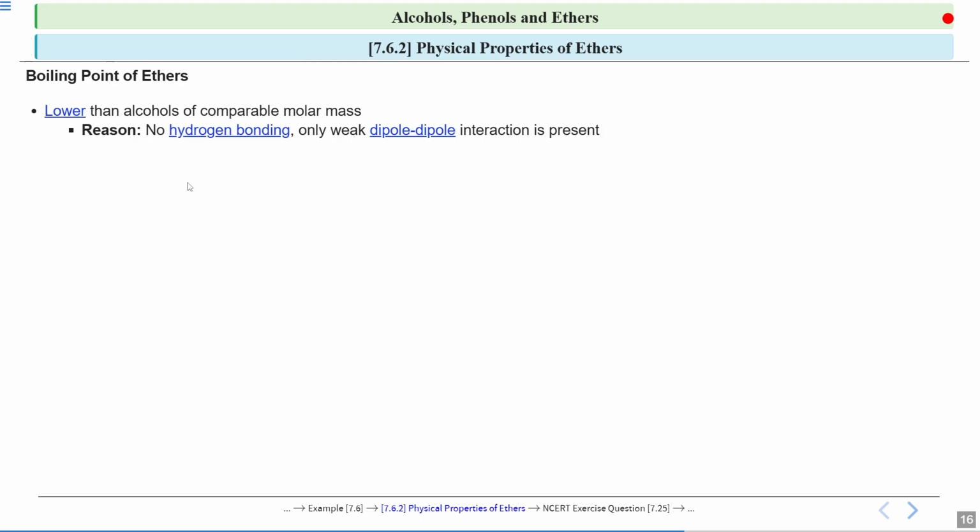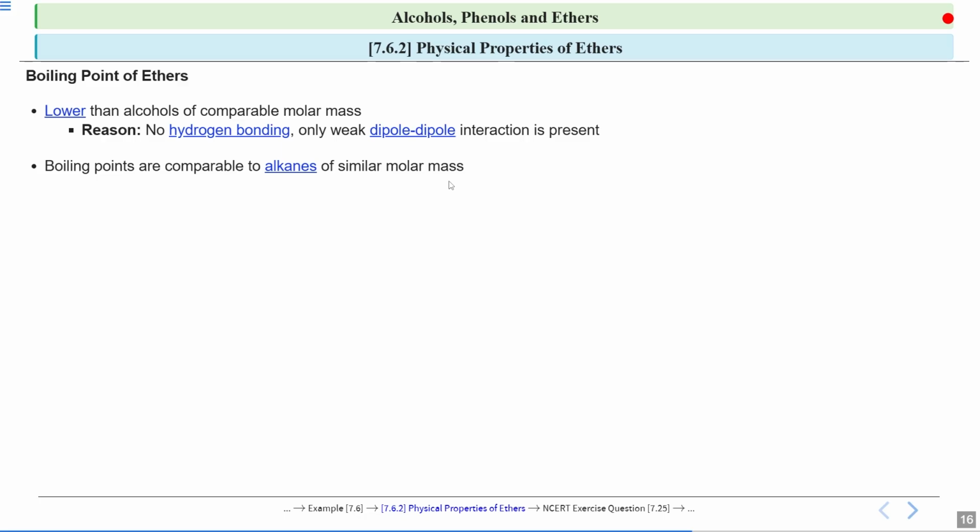This is because in ethers there is no hydrogen bonding, there are only weak dipole interactions, which arise because of the carbon-oxygen bond. The carbon-oxygen bond is a polar bond, so there is slight polarity in ethers. It has a net dipole moment. So ethers only have weak dipole interactions.